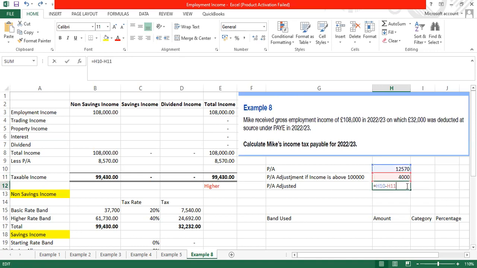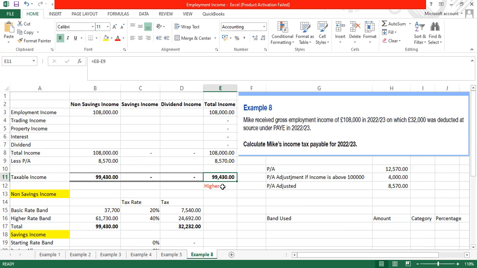So the adjusted personal allowance is now 12,570 minus 4,000, which is equal to 8,570. So here we will write 8,570. The non-savings income is now 99,430 and the total taxable income is 99,430.